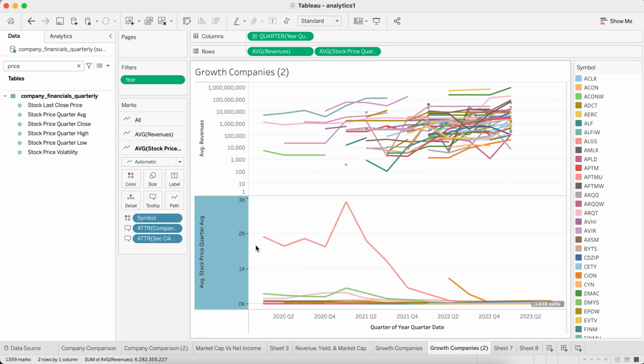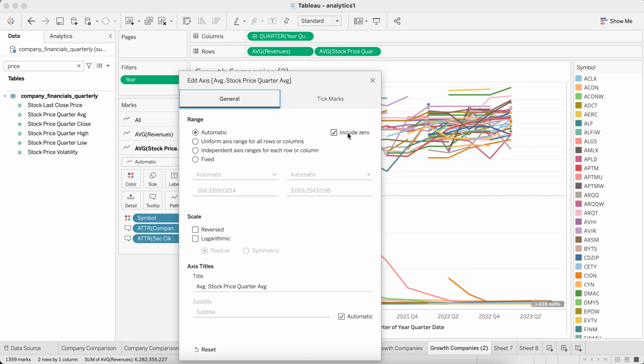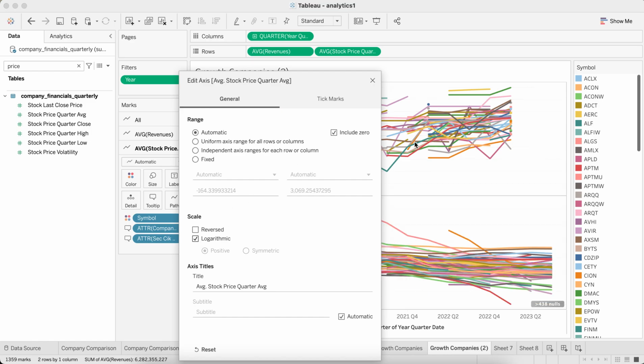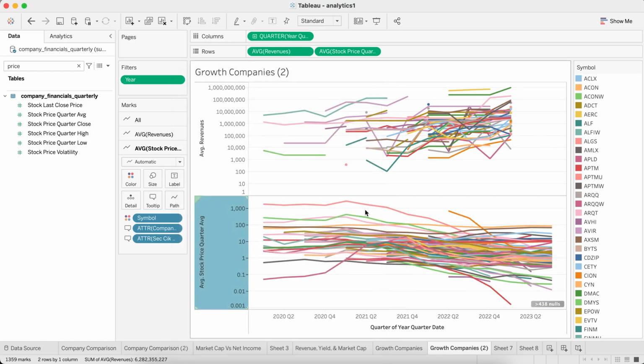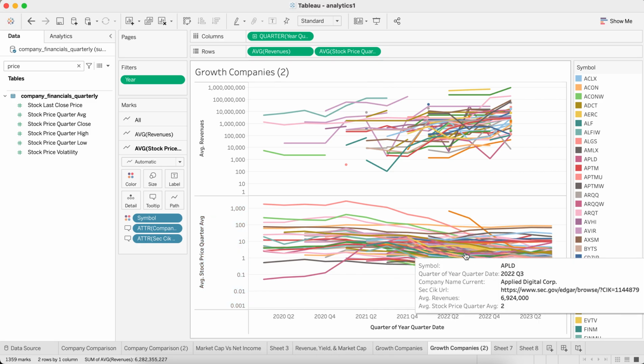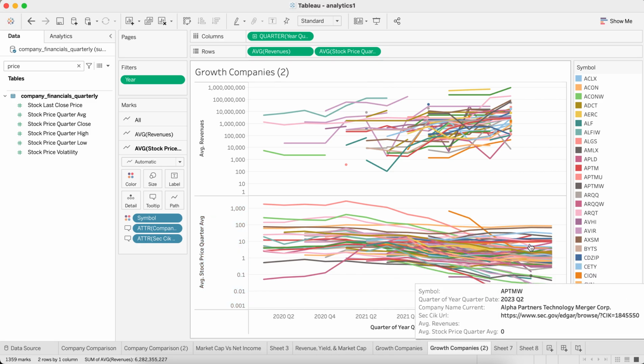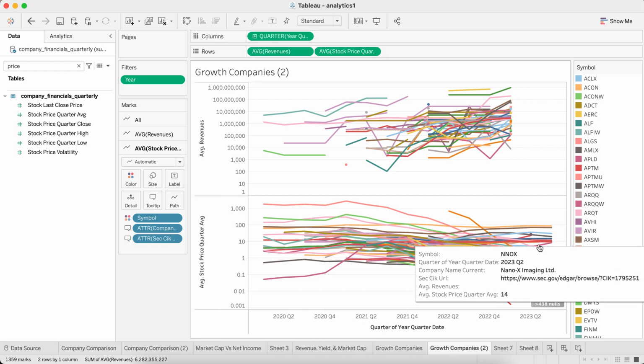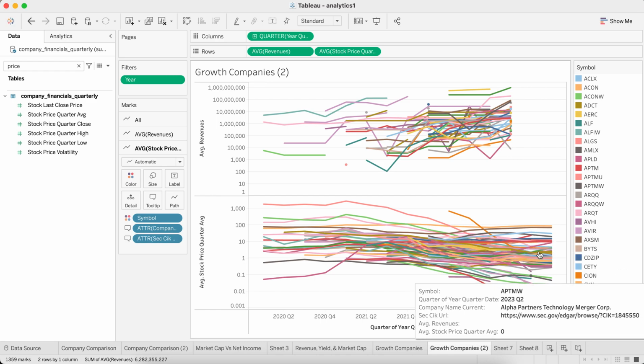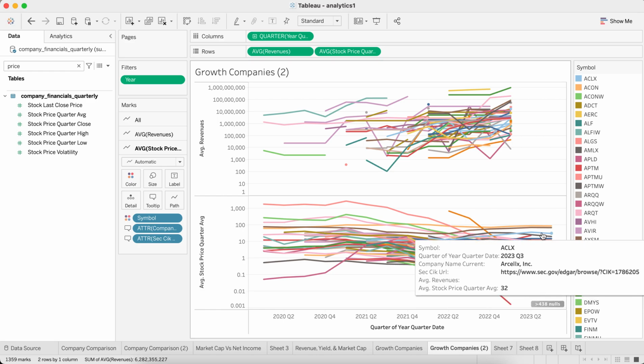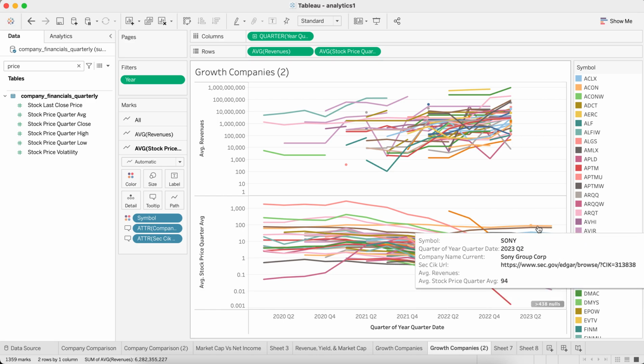And some of them have actually gone down in stock price, which is quite interesting. Again, let's probably want to look at it logarithmically. You can see a lot of them are sort of penny stocks down here, and there's some that are not.